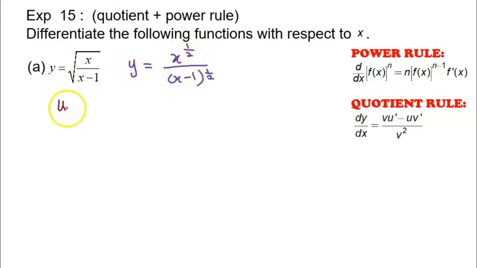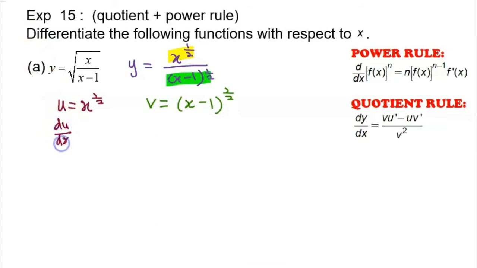Let u equal the function at the numerator, which is x to the power of half, and v equal the function at the denominator, which is x minus 1 to the power of half.